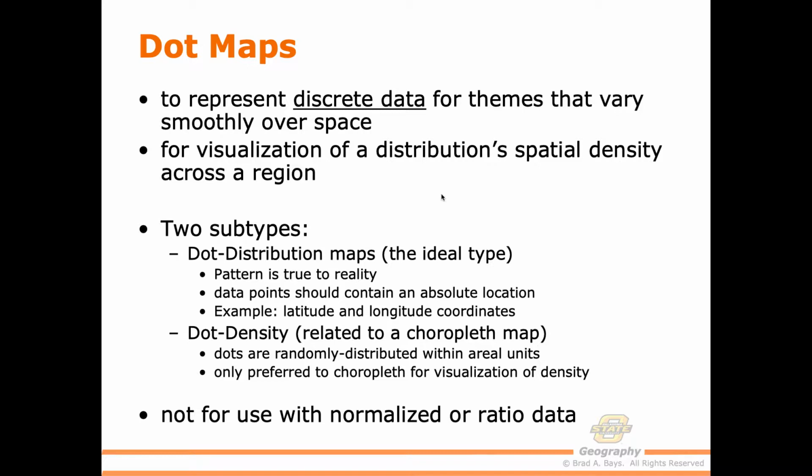So that variation is associated with the aerial units, in this case the counties of the state. And while a choropleth map is usually ideal for that, we can also do it with a dot density map to indicate in a visual way gradations of density or gradations of volume, whatever.